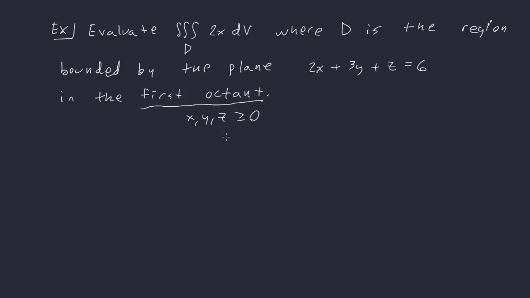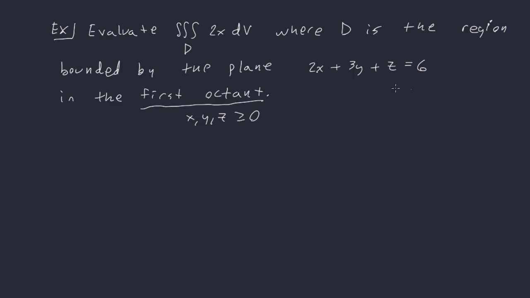It's kind of like the first quadrant, but again, in 3-space we have octants. So we want to evaluate this triple integral where D is the region bounded by this plane only in the first octant, and so we need to figure out what this shape looks like.